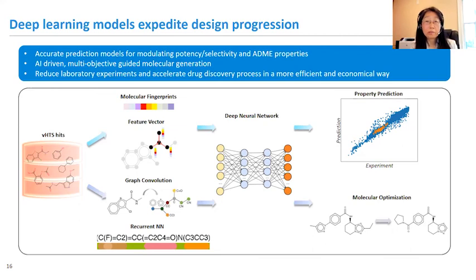We can accurately develop models to predict properties of importance, such as binding affinity, selectivity, or other ADME properties. Or we can use these models to provide analoging ideas. So all of these approaches will take us one step further from the initial hit finding stage to the lead optimization.